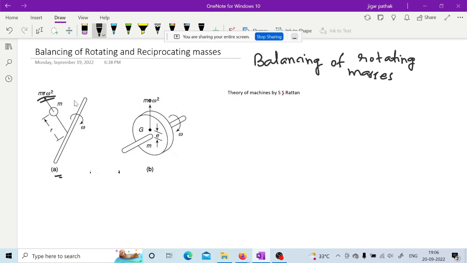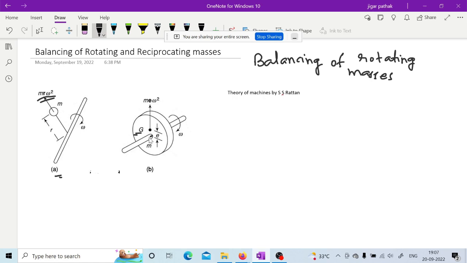This is one case. Another case is if the center of gravity or mass center of the particular component is not on its geometric center, right? Here is the geometric center of this particular disk, but the center of mass is not coinciding with that geometric center. It may be because of some density difference.